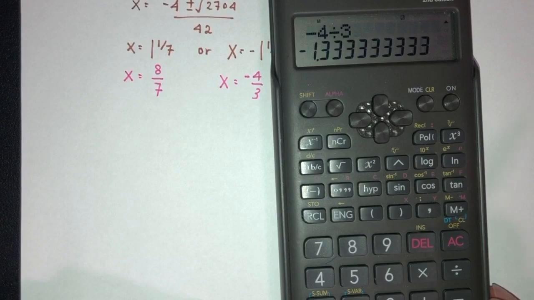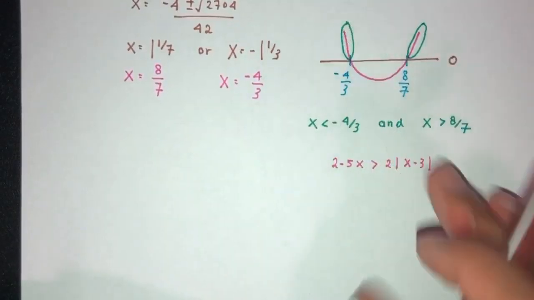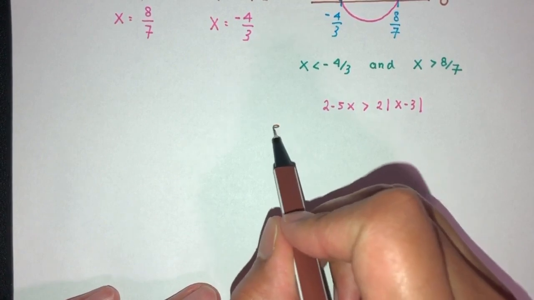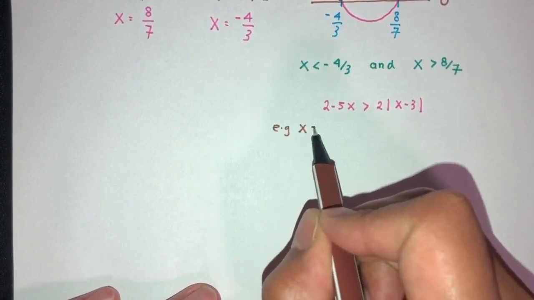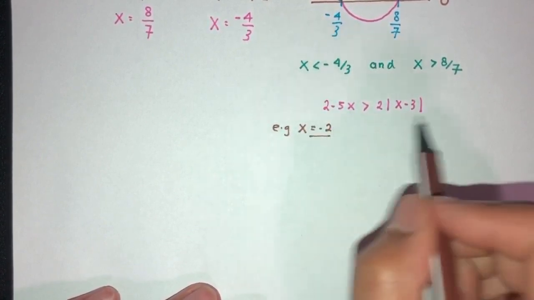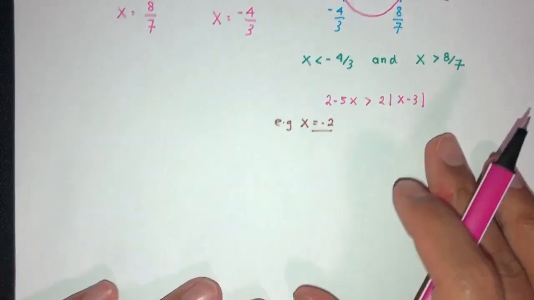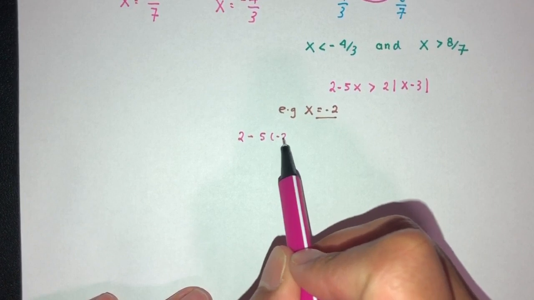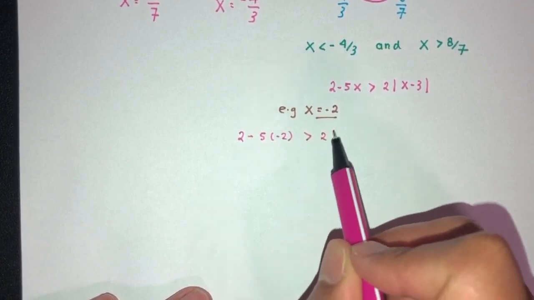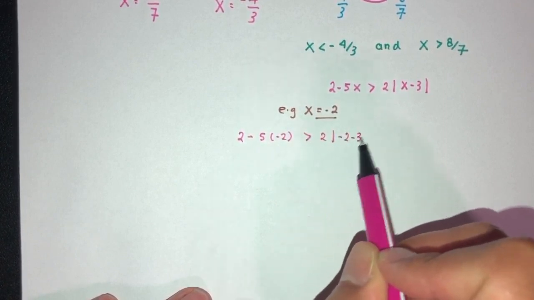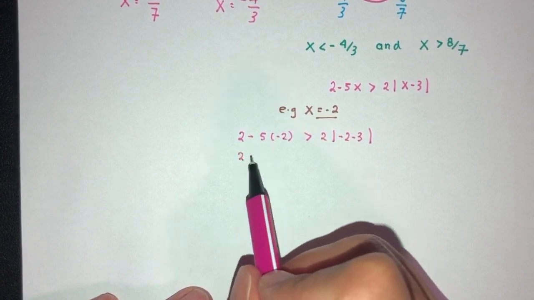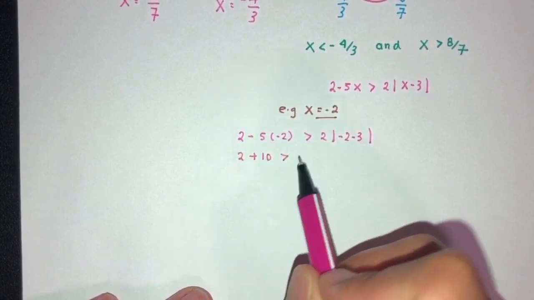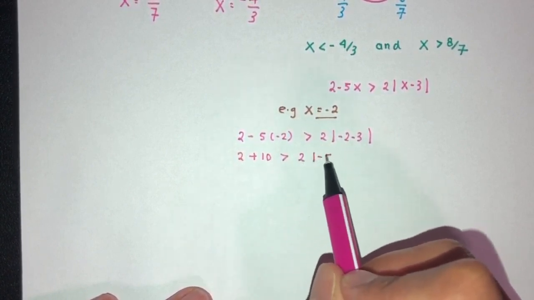It is minus 1.3. So let's choose something on this side. We can choose minus 2. Example, let x be minus 2 and see what happens, if this is also true. That will become 2 minus 5 times minus 2 is more than 2 modulus of minus 2 minus 3. That should be 2 plus 10, and 2 modulus of minus 5.